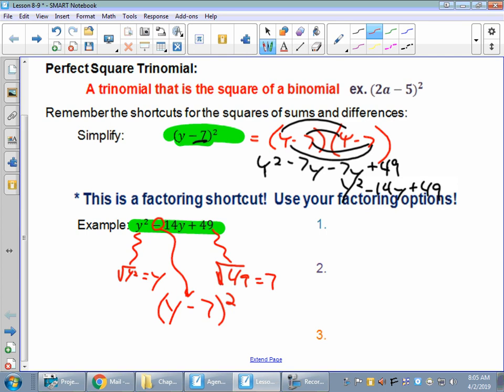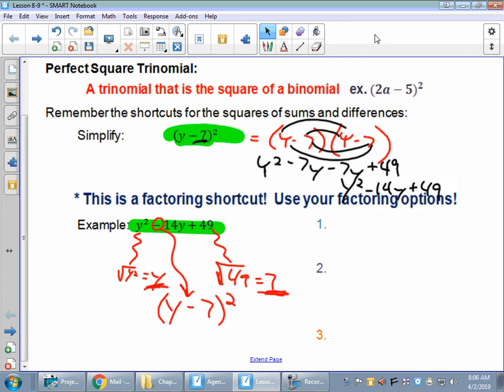That's all the shortcut tells us to do. So if you notice that you've got a perfect square on the first term, your a term, and a perfect square on your c term, then you can take this number here, the y, and this number here, the 7, and put them together. You've got to have a minus sign because we have minus b. That's one quick shortcut.